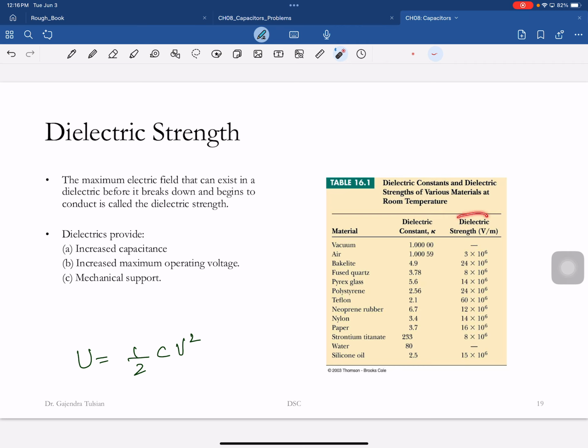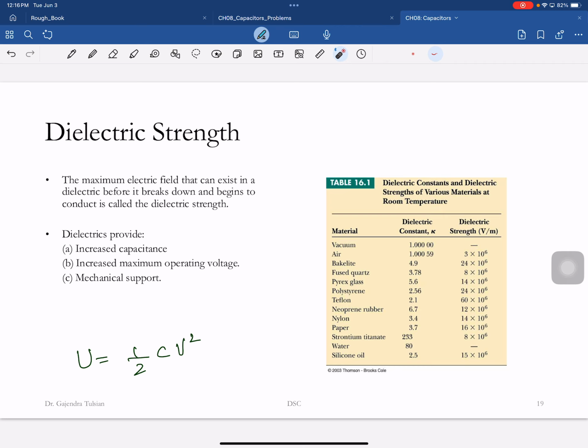So here is the dielectric strength for various materials. What this tells you is, at these electric fields, you'll have lightning in that material. That material will break down. Air, you saw, is 3 times 10 to the 6 volts per meter. How does air break down?